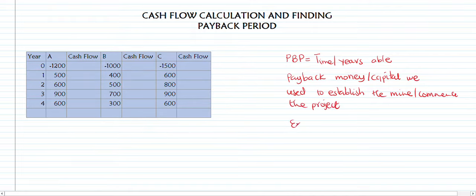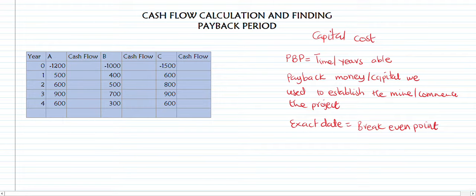Then the exact date that we were able to generate enough revenue to pay off the capital cost, the money that we used to establish the business, is what we call the break even point. The exact date, the break even point.